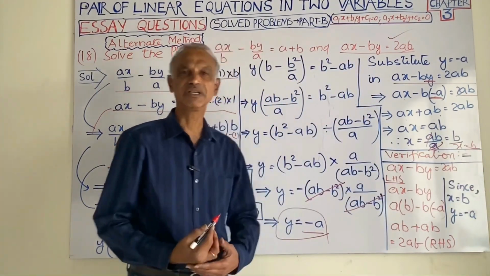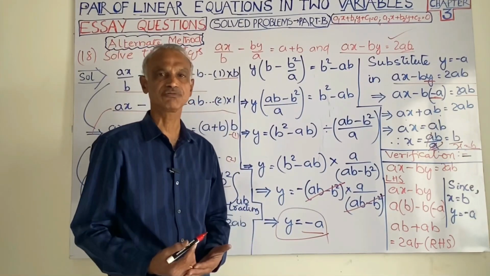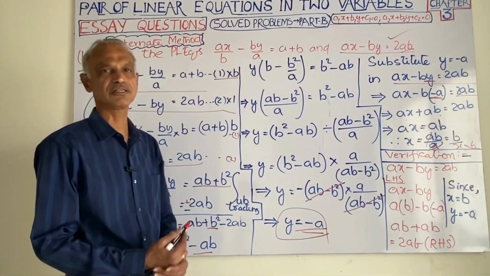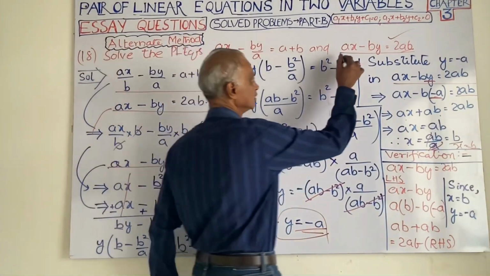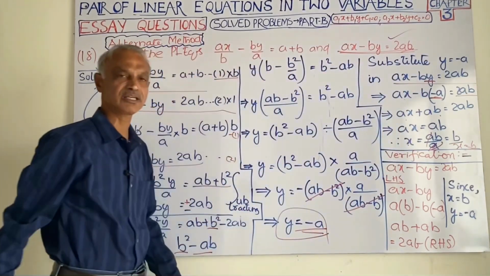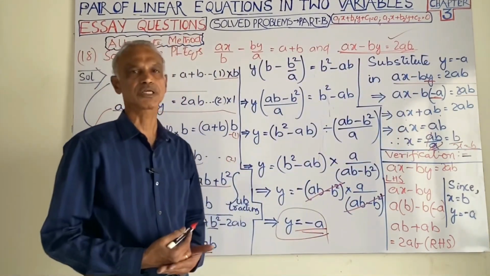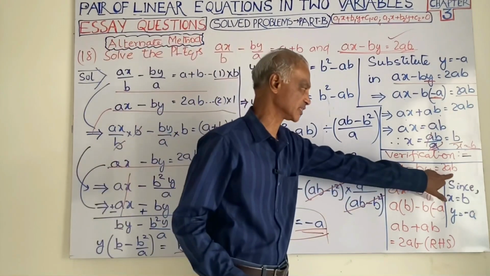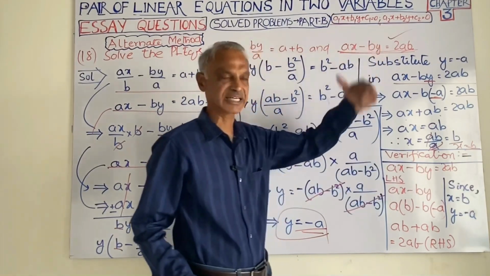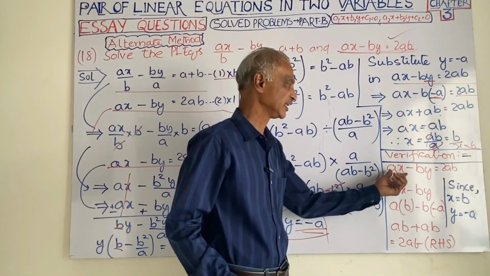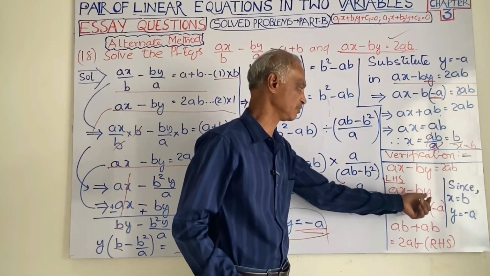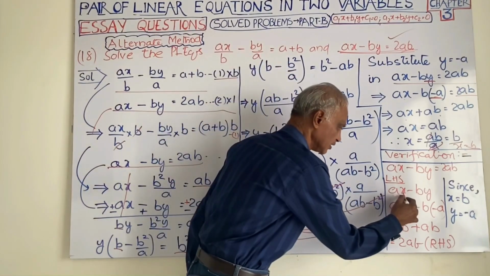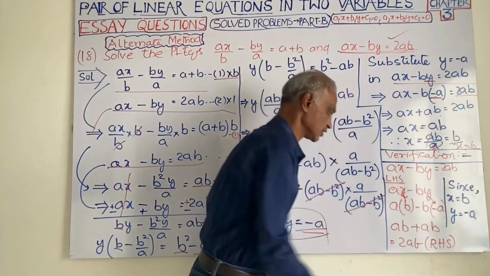Now verification whether your answer is true or false. You got x is equal to b and y is equal to minus a. Substitute the values of x and y in the second equation or first equation. Any one of the equations, you must get RHS. I have taken the second equation, ax minus by in LHS, and substituted x is b and y is minus a.